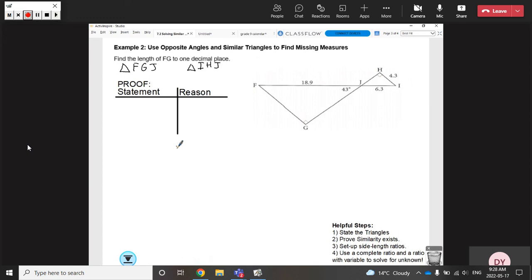Those are our two triangles, and we have to prove that they're similar here. So if you look closely, we notice that angle G, right down here, must be equal to angle H, because they're both 90. So we can go ahead and say angle G is equal to angle H, and the reason for that is that they're both 90 degrees. It's given to us. You can even write that, given.